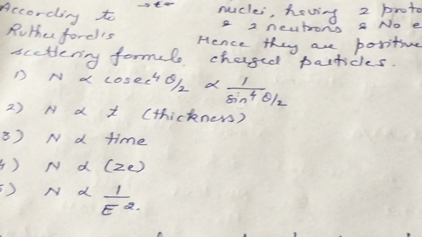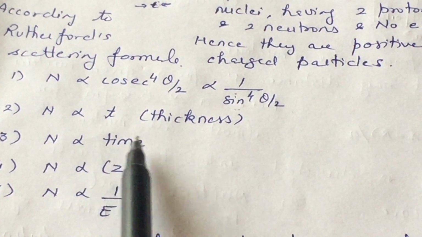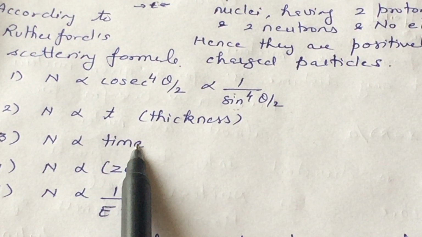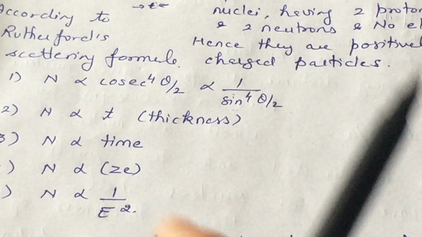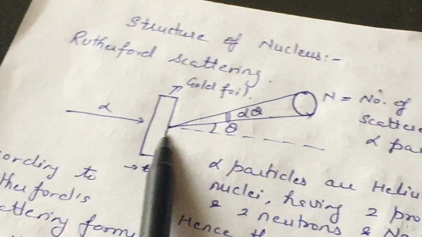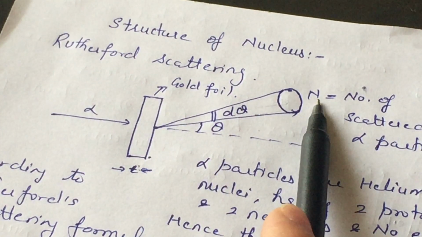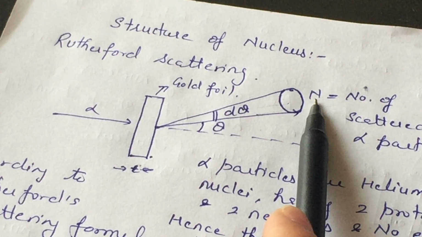Third factor which can affect the number of scattered particles is the time of the measurement, or time of the observation, or time of the experiment. If one is performing this experiment for 5 minutes, he is getting some number of scattered particles.